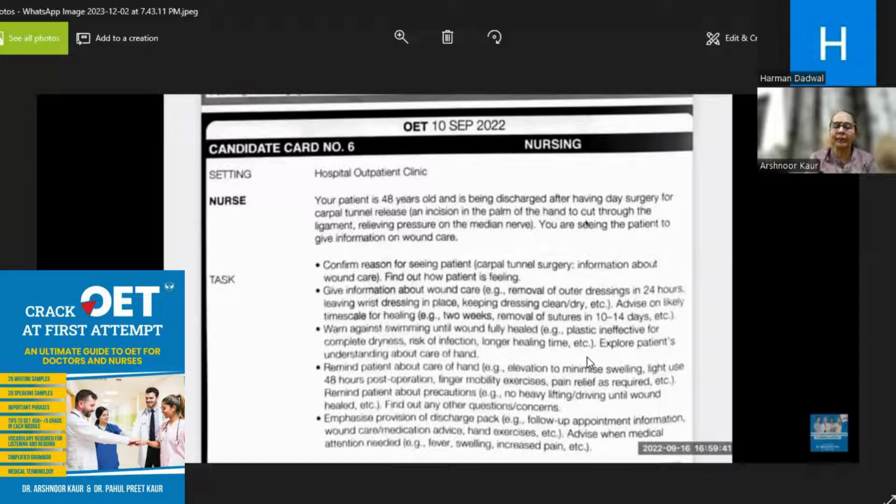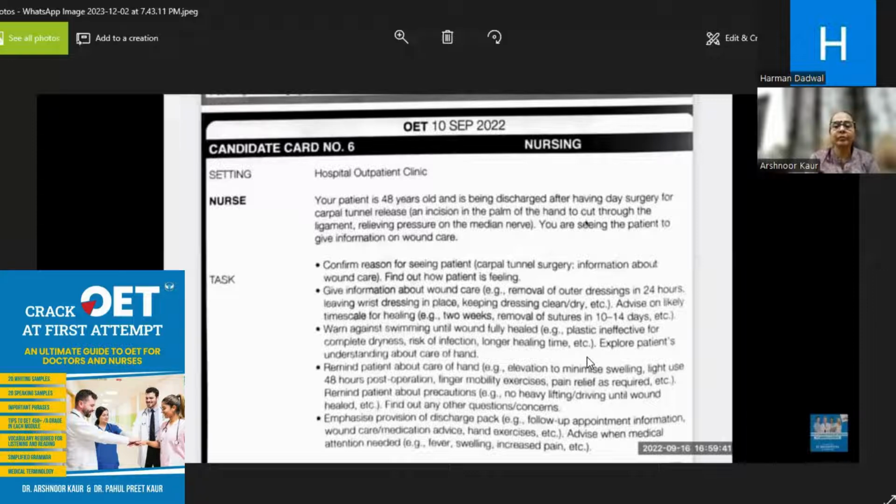So the next recommendation by the nurse is: Harry, there is an important instruction for you. You have to avoid driving because this is your palm. If you start driving, it will take much more time for the wound to heal. For that reason, it is crucial for you to avoid driving for at least 3 to 4 weeks until your wound has properly healed.